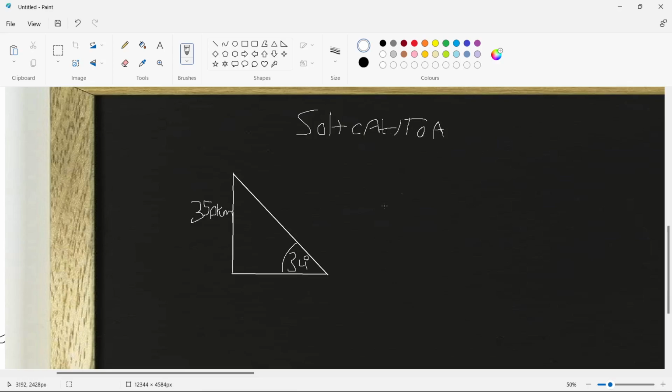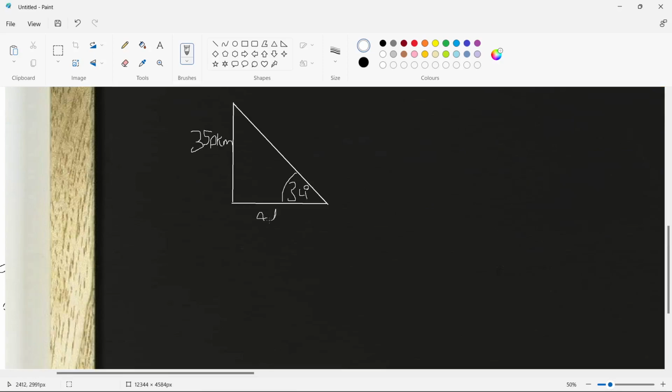I will be using tan. This is the edge. Now that's done, the formula for that is going to be tan 34 equals 350 over the edge, which is what we're trying to find.